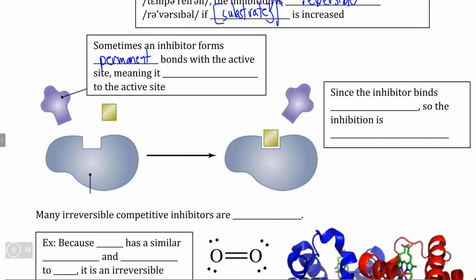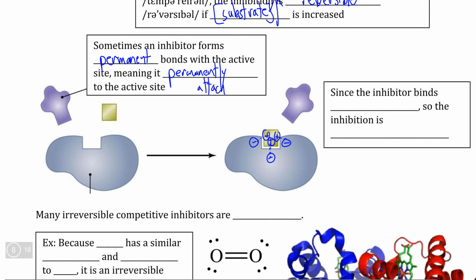And another possibility is if it has a large number of positive charges, for example, and if the enzyme's active site has a large number of negative charges, it can form strong ionic bonds that will anchor the inhibitor in the active site and make it difficult to remove. When this happens, we can say that the inhibitor has actually permanently attached to the active site.